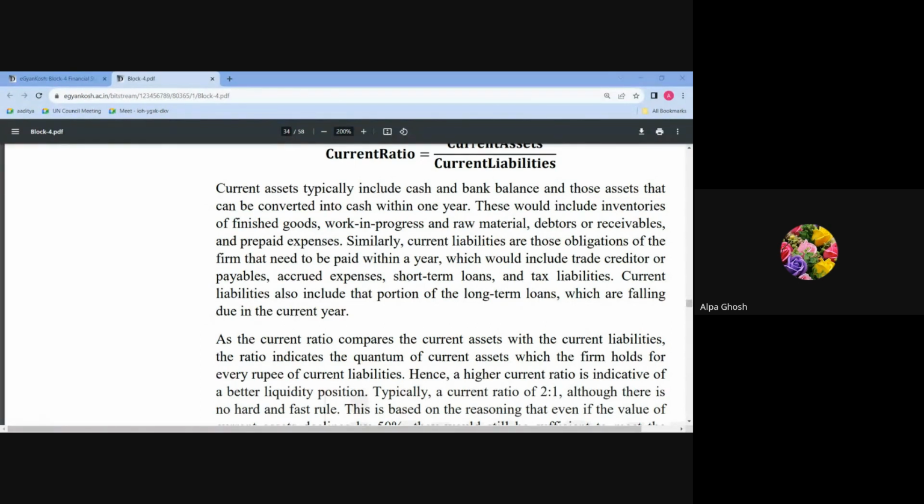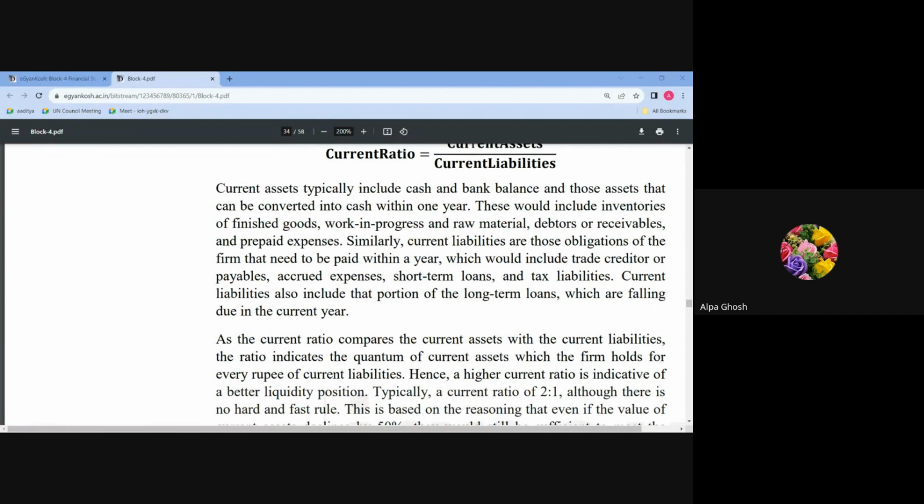So current ratio establishes a relationship between current assets and current liabilities, where we try to find out the proportion of current assets compared to our current liabilities. It is said that current assets should be the double of your current liabilities, because in current assets we have inventory also, and inventory cannot be realized into cash unless and until it is sold.